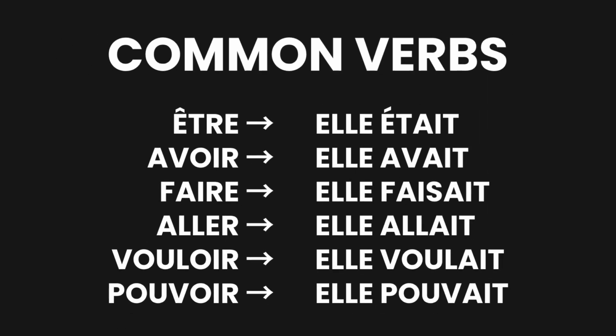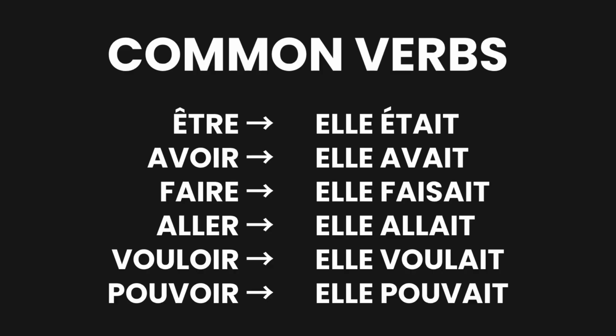Here are some extremely common verbs in the imparfait. You'll see these all the time in French books, videos, and conversations, so it's helpful to learn them. Let's go over the conjugated versions for il or elle. Être, était. Avoir, avait. Faire, faisait.